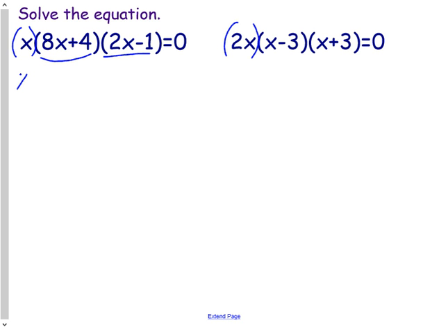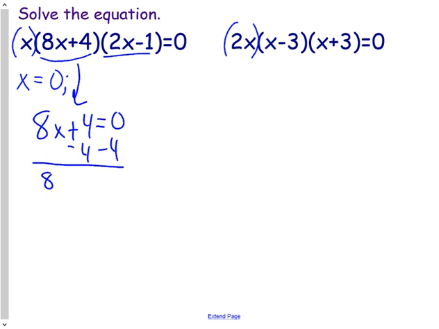So, for example, x equals 0. Okay, that wasn't really a solving process, but that is a potential option. x could equal 0. Now we're going to bring the 8x plus 4 equals 0 down. Minus 4 from both sides, divide by 8, and we'll get minus half. Make sure you simplify where you can.